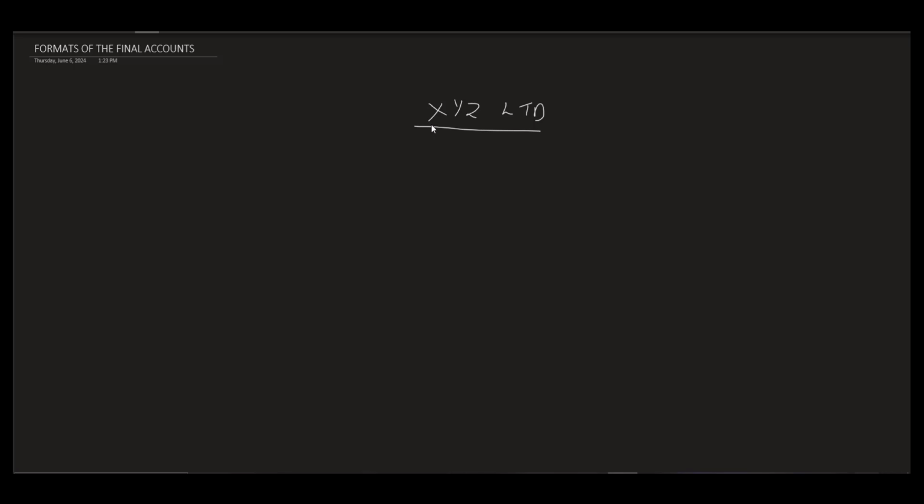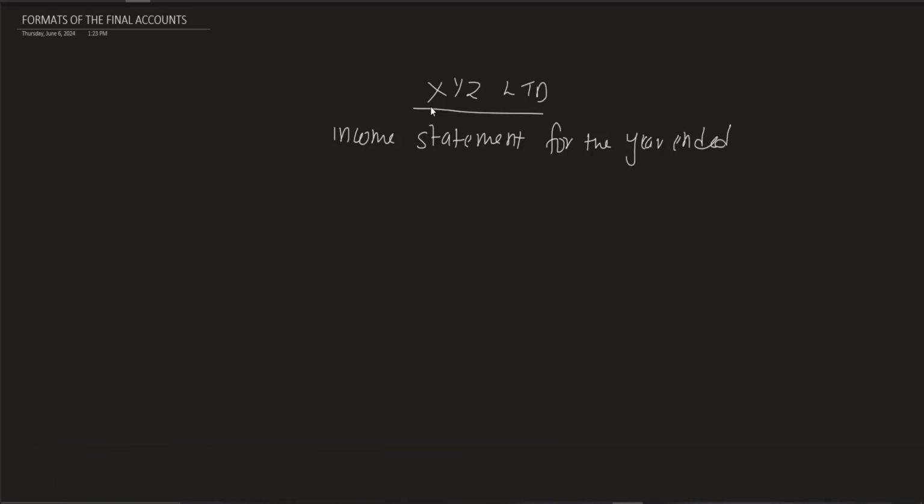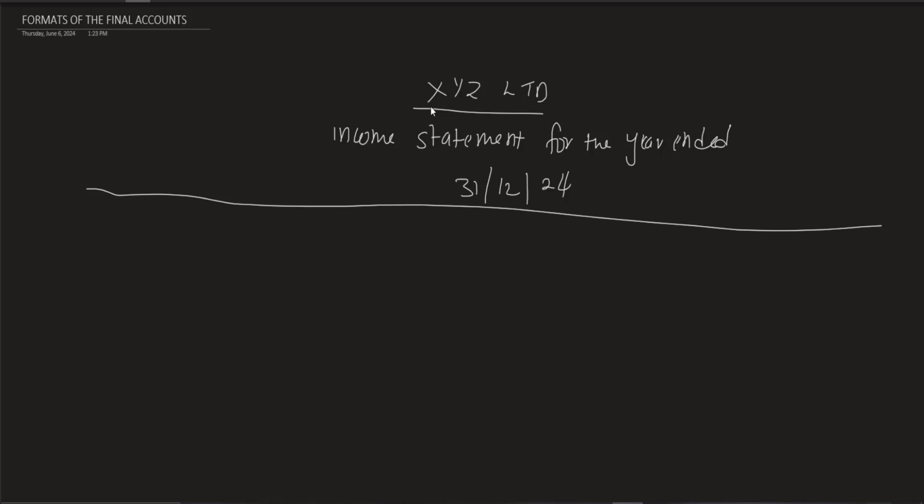So we will have the income statement for the year ended 31st December 2024. So we have the head office, we have the branch, and we have the combined.